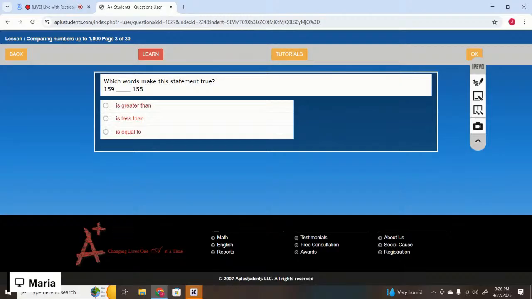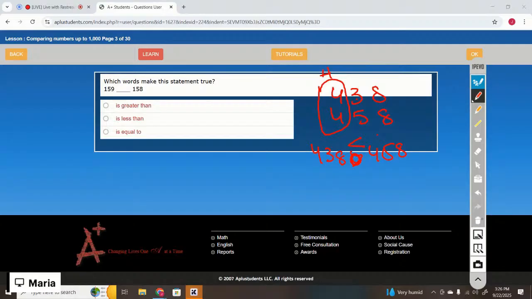Which words make the statement true? 159 and 158. Start comparing them with the highest place value, the hundreds digit, 1 and 1. They both are exactly equal. Now compare the digits at the tens position, 5 and 5 again. They are exactly equal.